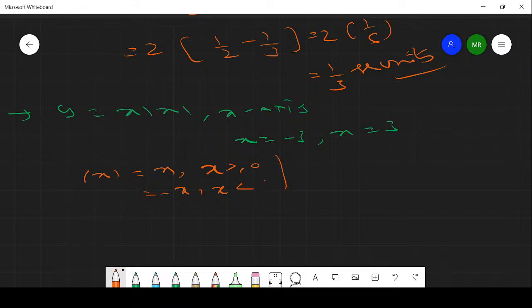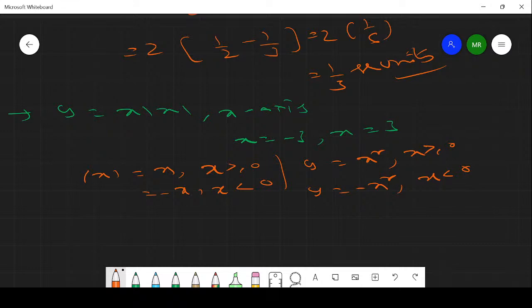Then in this case the graph becomes y equal to x square when x is greater than or equal to 0, and y equal to minus x square when x is less than 0.